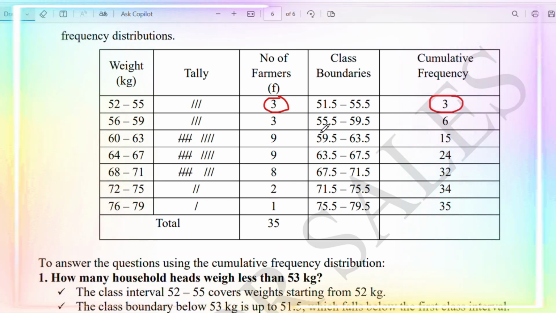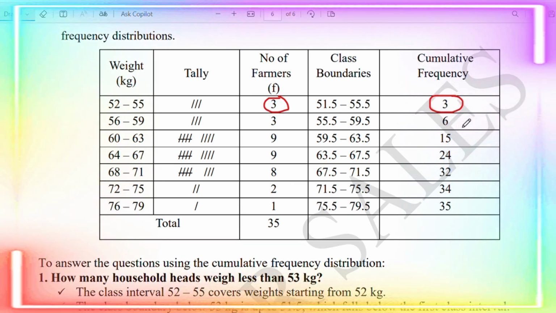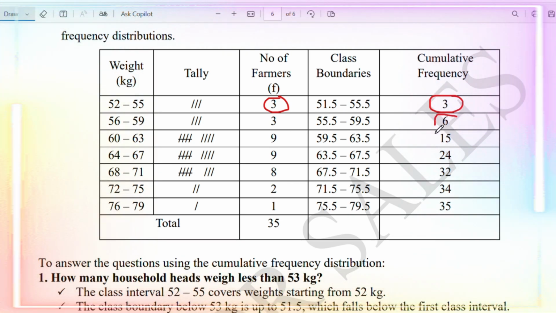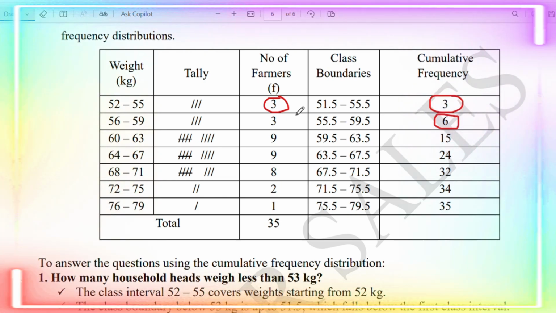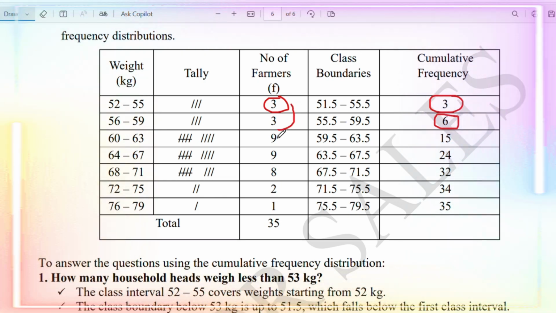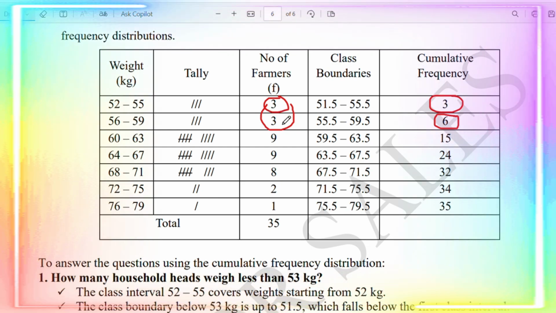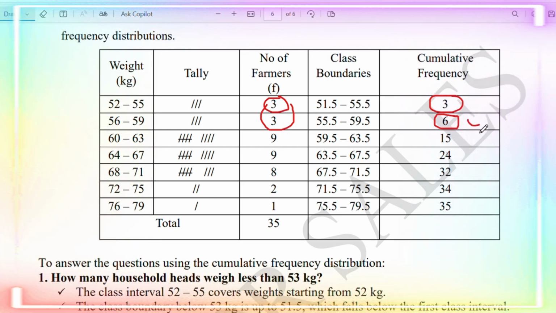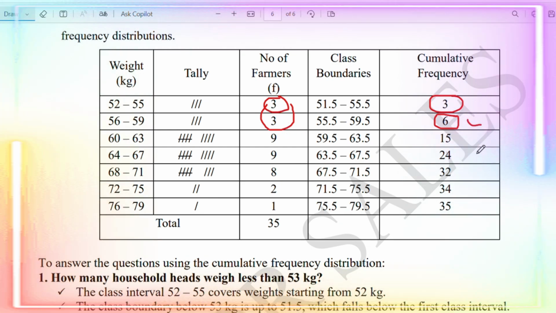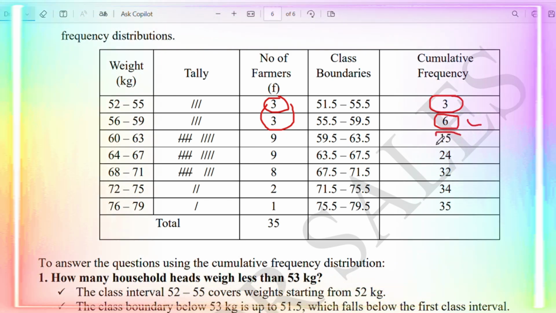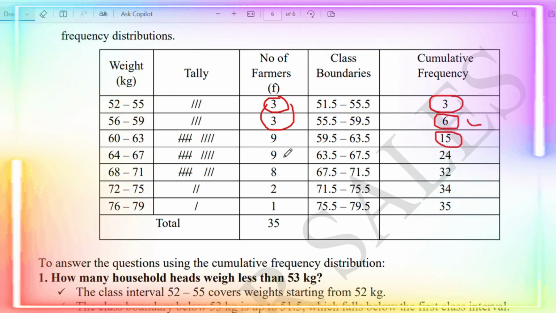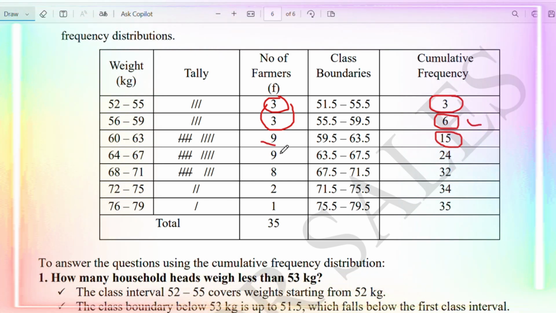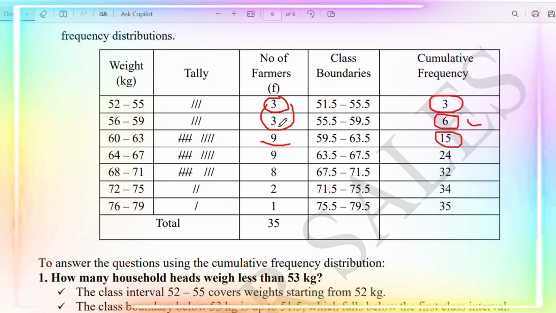Then the cumulative frequency of the second class will be the addition of the frequency of the first class and second class. That will be 3 plus 3. That gives us 6. Then the cumulative frequency for the third class will be all the frequencies from the first class, second class to that third class, and that will be 3 plus 3 plus 9.